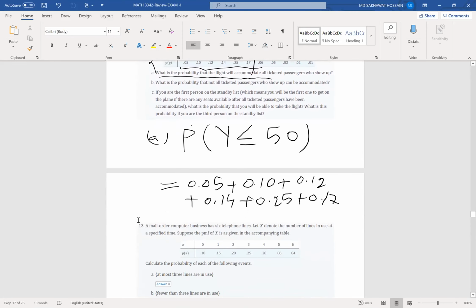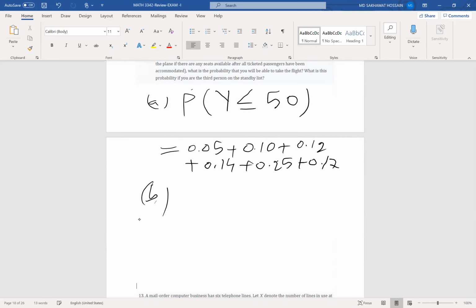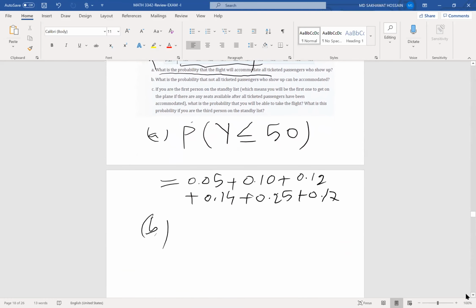So part B is: what is the probability that not all ticketed passengers who show up can be accommodated? If the number of passengers who show up is more than 50, then the flight cannot accommodate all of them. So we have to find the probability y is greater than or equal to 51, or you can just write the probability y is greater than 50.